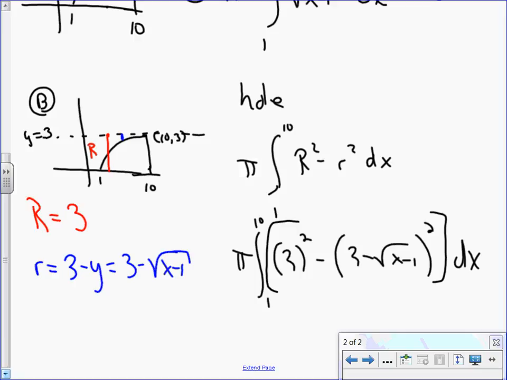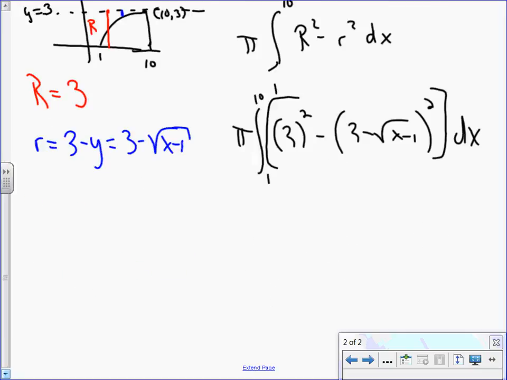What do you think you want to put into Y1? If you want to, you can put 9. But you definitely want to put this. I would put the inside part. In fact, if I were doing this, into Y1, I would put 3. And into Y2, I would put 3 minus the square root of x minus 1.